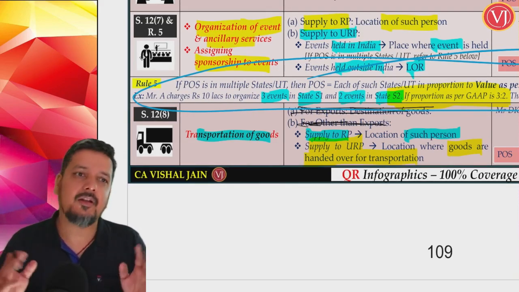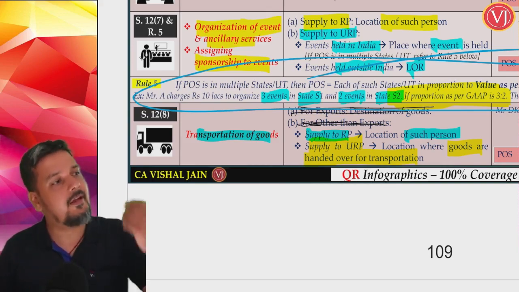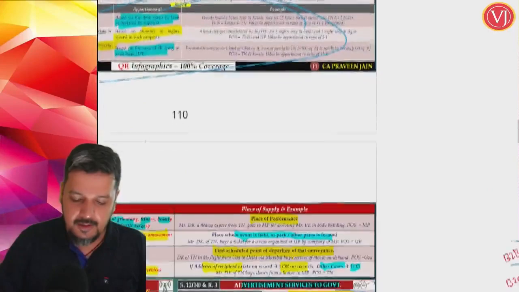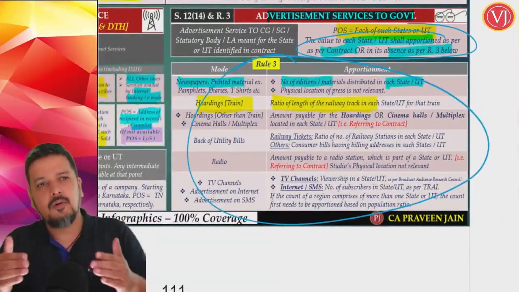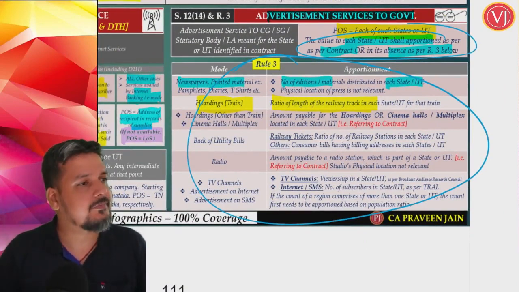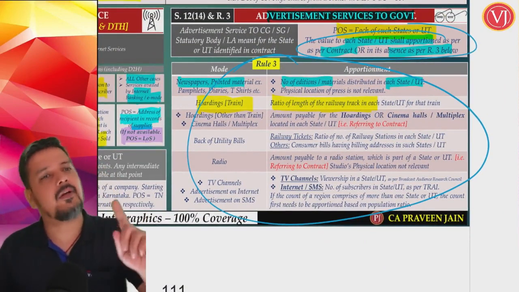Actually, we have seen all the 3 rules: 4 seen fully, 5 seen fully, and for 3 I have shown you just the gist, that if you get multiple answers there are multiple situations which might be there. Once you go through it, life is very simple. Just once going through it is sufficient.